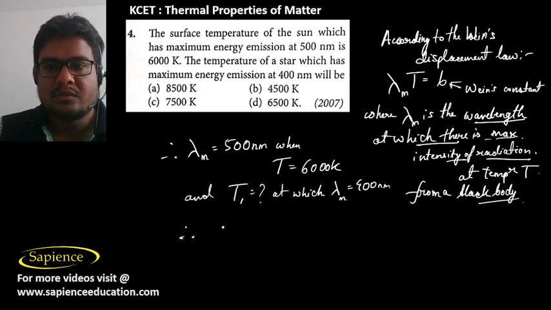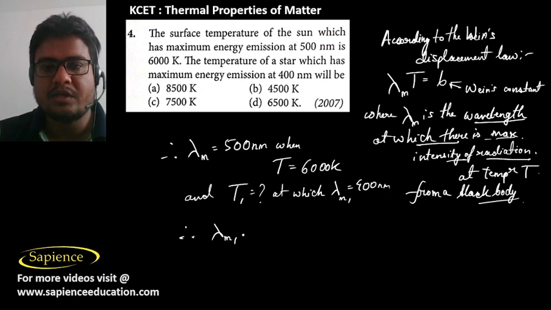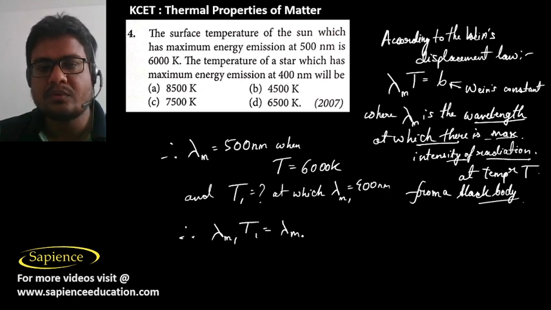So lambda m1 into T1 is equal to lambda m2 into T2, since that is constant.